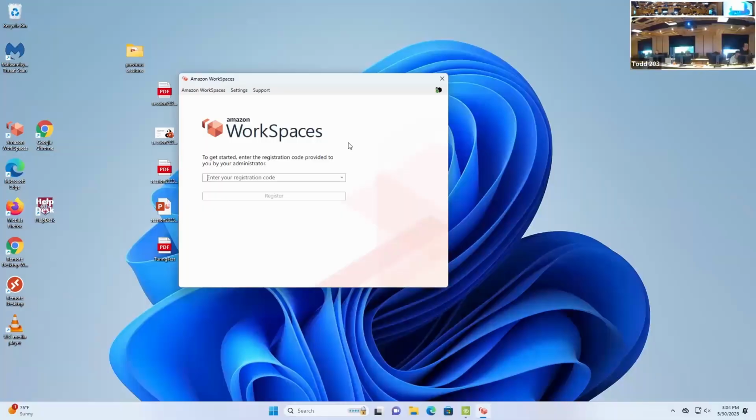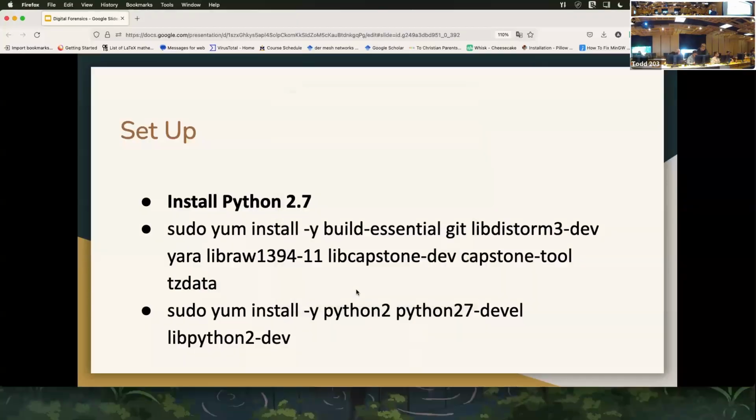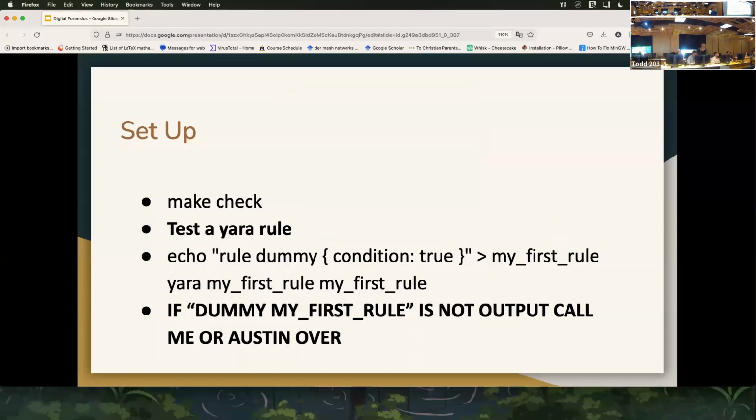Go to the echo, quotation rule step again, up to the last quotation mark, then a space, the redirection sign, and then my first rule.